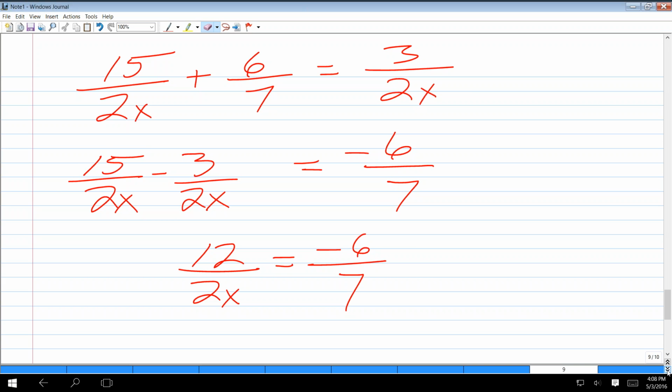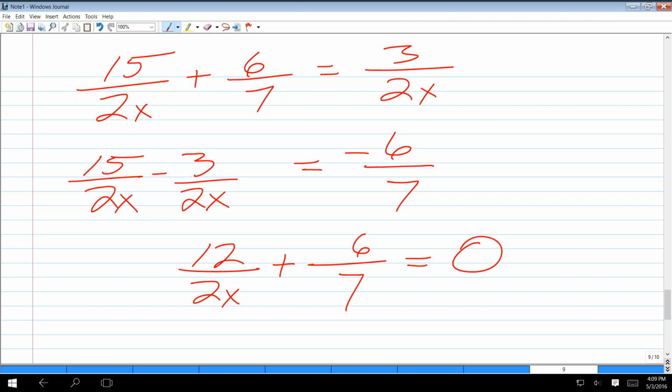I had the 12 over 2x part right, but then I had 12 over 2x plus 6 over 7, and then from there I made it a common denominator of 14x. Well, okay, let's talk about that. You got it to this step, which is a correct step, right?